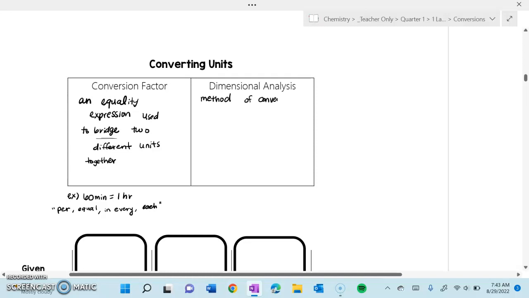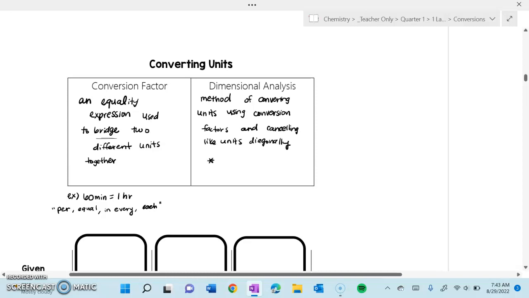It's our method of converting units using conversion factors. They're going to be our little links. And as we go through, I'll show you this in the diagram, it'll cancel like units diagonally until we reach our desired unit.